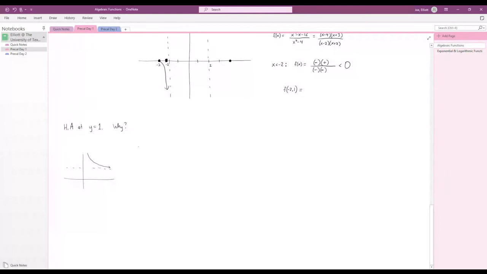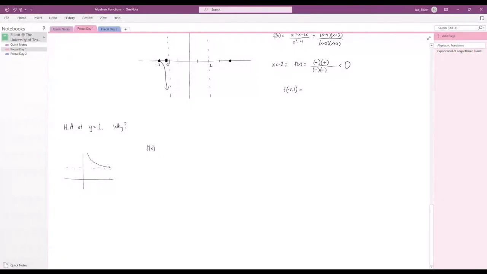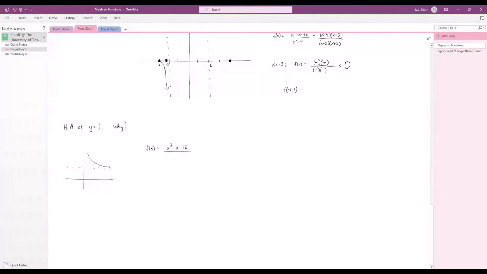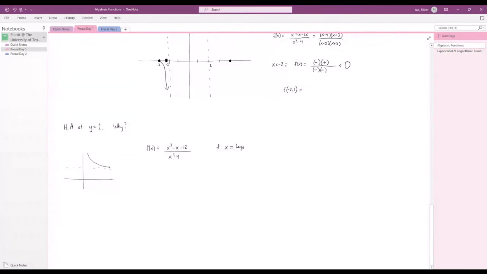So if we think about what's happening to our function if x is, say, a really, really large number, and here I'm being somewhat informal, I'm just imagining what happens if x is a really, really large number, okay?